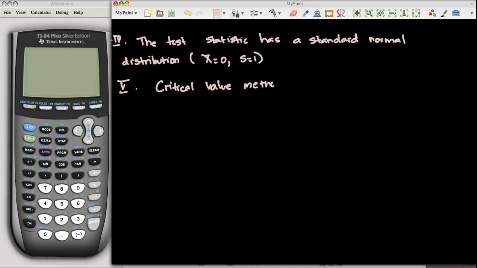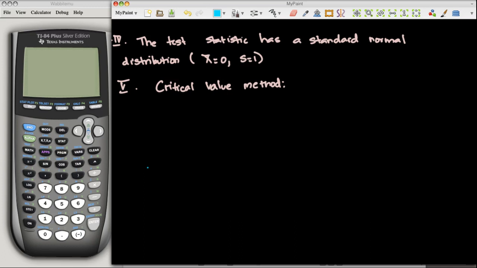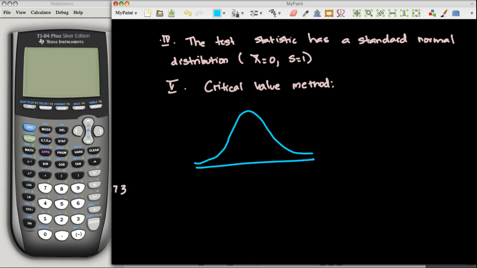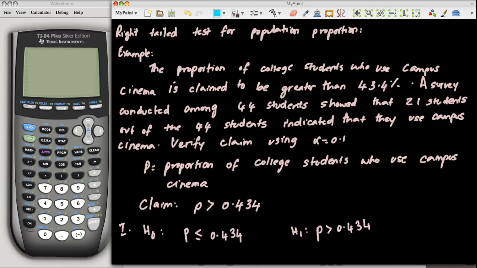First, the critical value method, where, since we know the test statistic has a normal distribution, I'd go ahead and draw the normal distribution. Then, I look at the test, and since the test is less than or equal to against greater than, you look at the alternative. The alternative is pointing to the right.